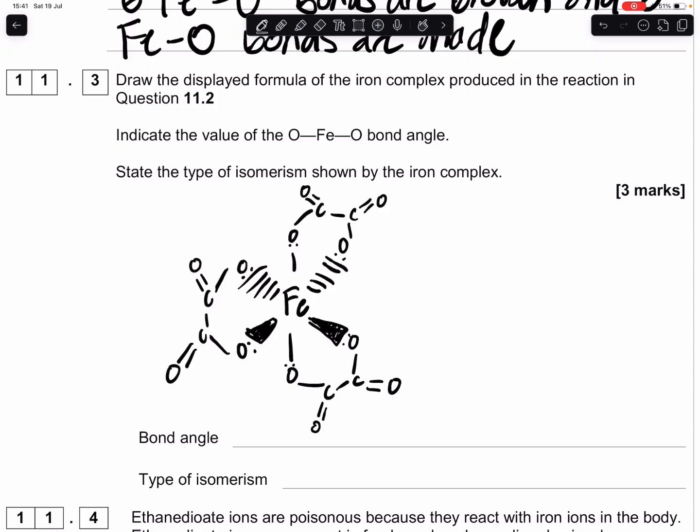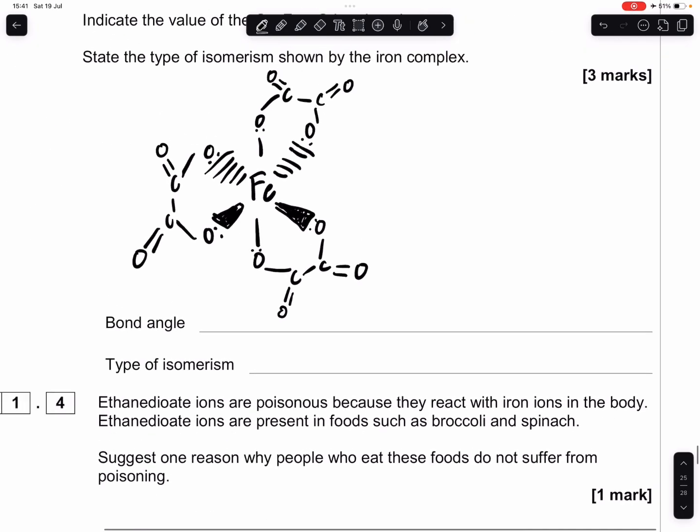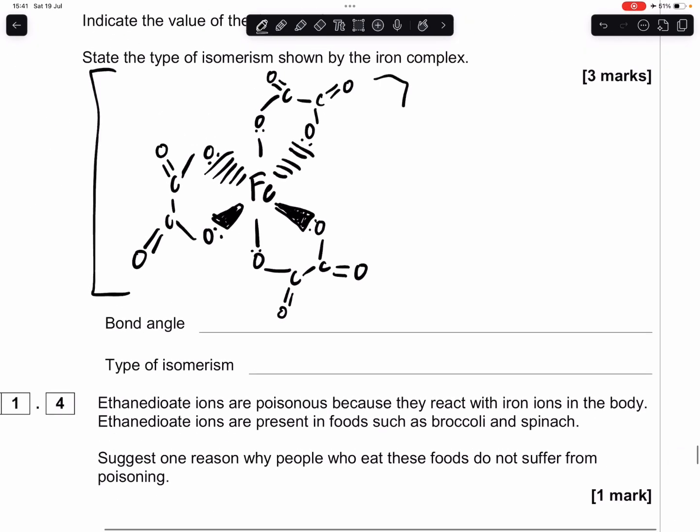And people tend to forget this, and it's so annoying, but remember it's a 3 minus charge, so you need to draw square brackets around it to show that the complex overall has a 3 minus charge.